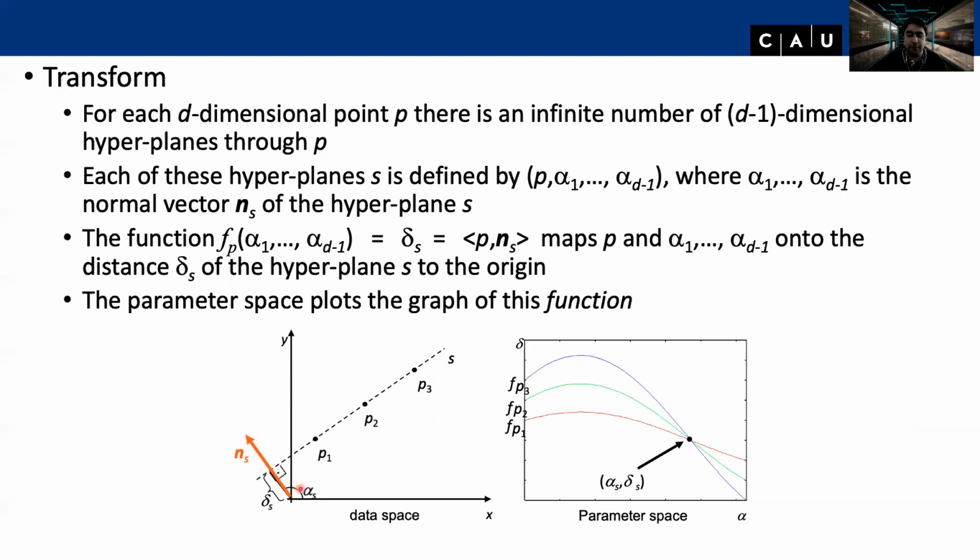So these two parameters, this angle alpha_s and this distance delta_s, are spanning our so-called parameter space or Hough space.